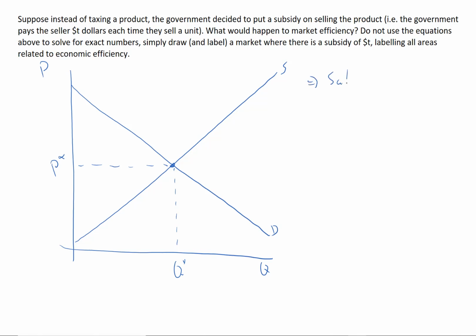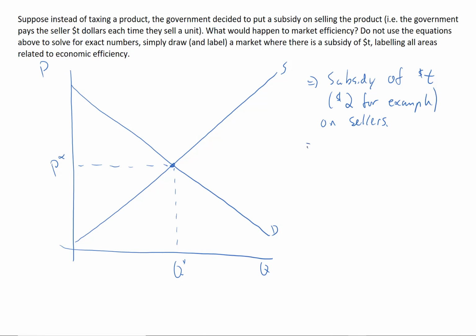So it's a subsidy of $T, for example, $2, on sellers. So every time they sell, they get $2.